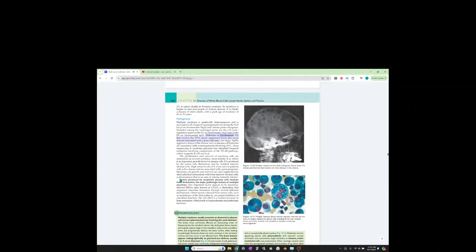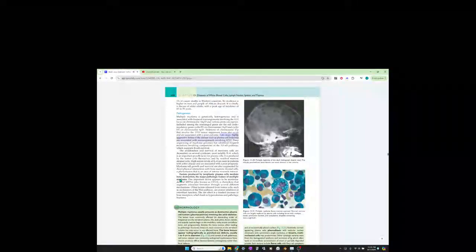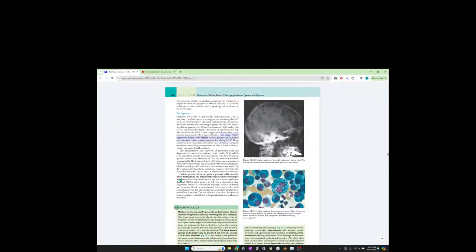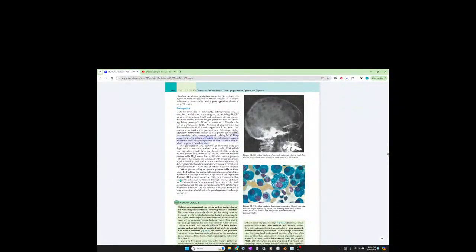Deletions of chromosome 17p that involve the TP53 tumor suppressor locus also occur and are associated with a poor outcome. Late stage, highly aggressive forms of the disease, such as plasma cell leukemia, are associated with rearrangements involving MYC. Deep sequencing of myeloma genomes has identified frequent mutations involving components of the NF-kappaB pathway, which supports B-cell survival.